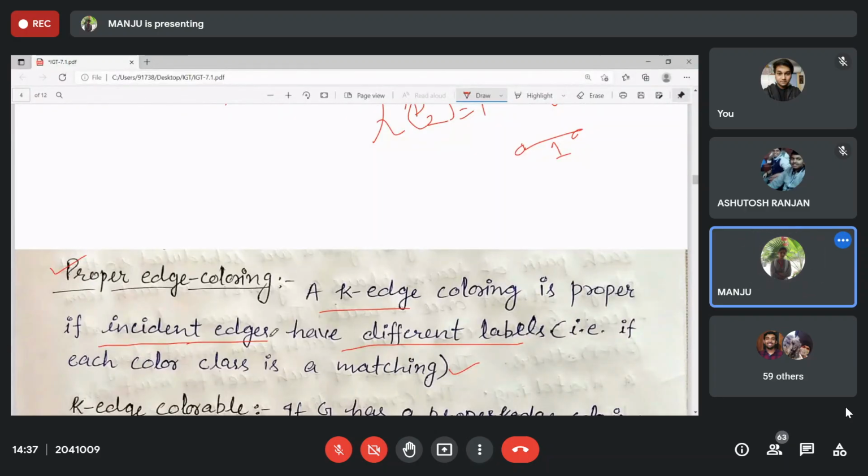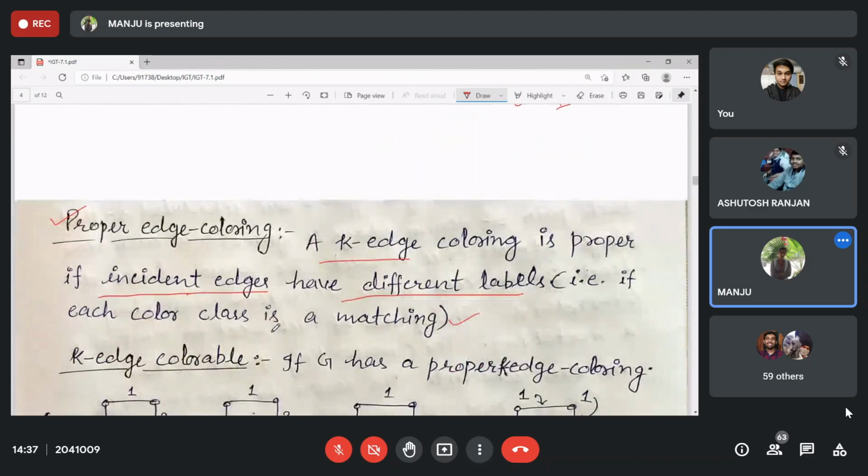Whenever a proper K edge coloring exists, we say the graph is K edge colorable. Here we use edge everywhere; in the case of vertices, we didn't.